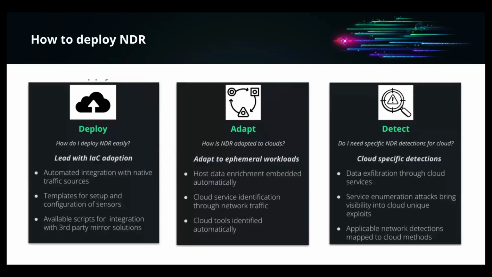These tools automate the setup and configuration of resources, streamlining the deployment of Corelight sensors in the cloud for a seamless experience. Another key point to keep in mind is that in the cloud, where IP addresses often change, Corelight enriches data logs with host information to pinpoint which device held a specific IP address at any given time.